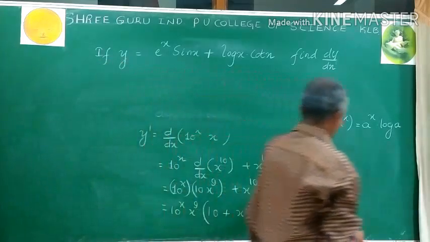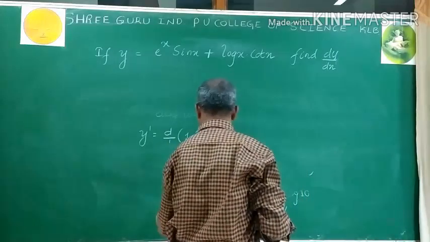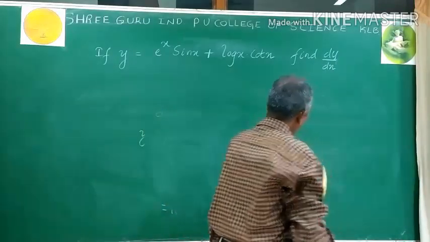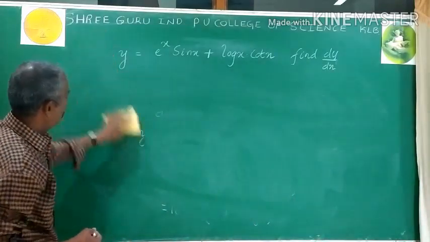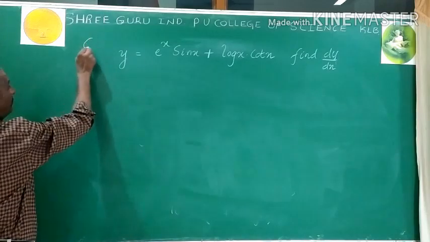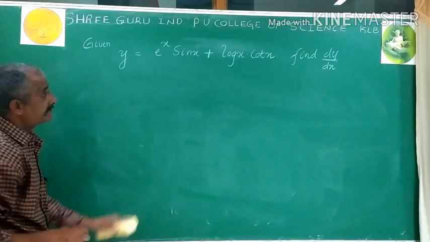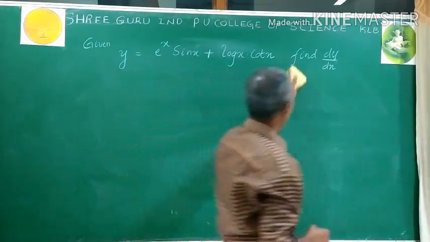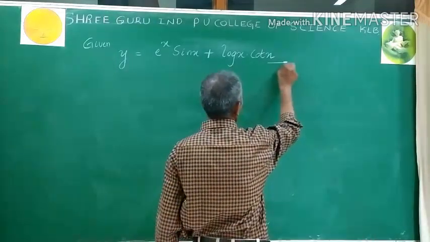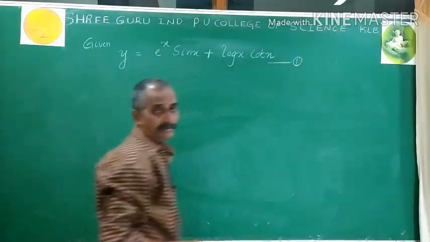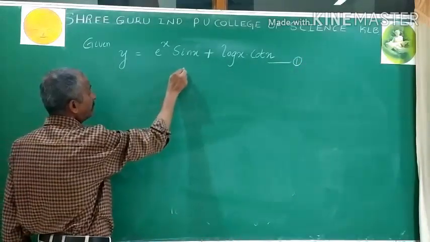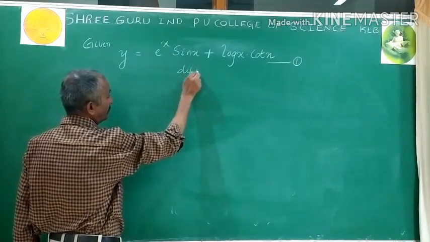So write the solution. First write the given function. Given function is y equal to e power x sin x plus log x into cot x. You may call it 1. Now write: differentiating 1 with respect to x.